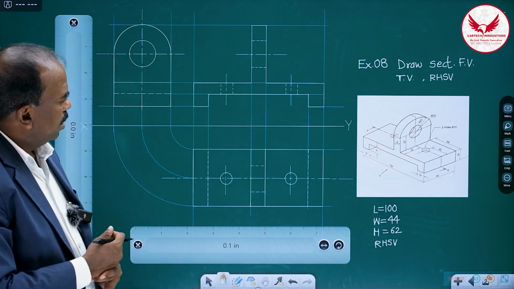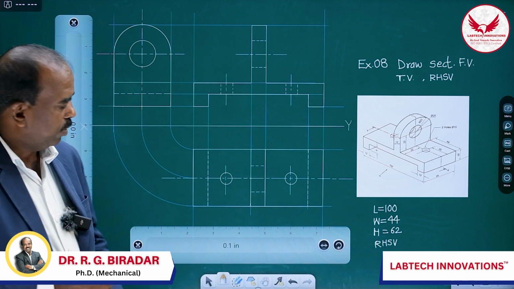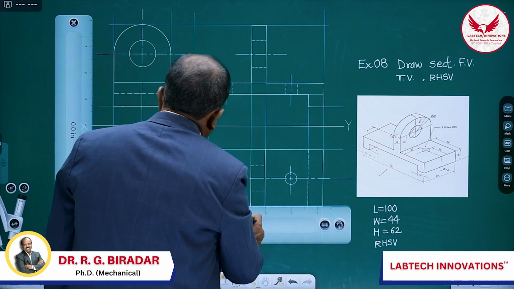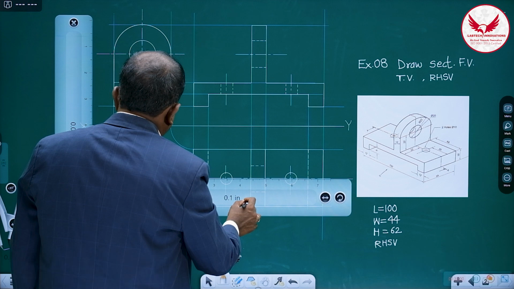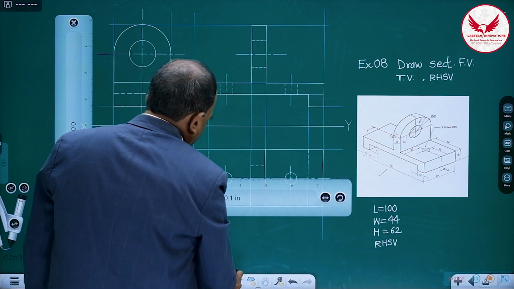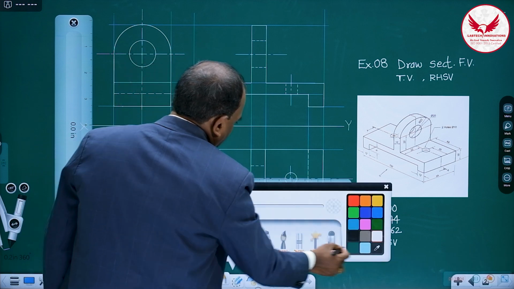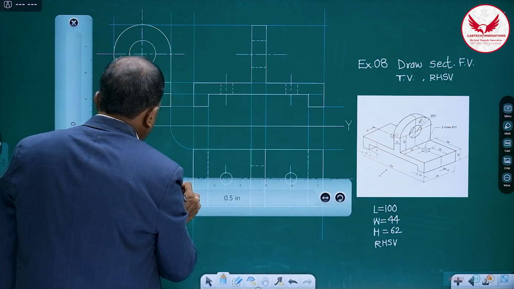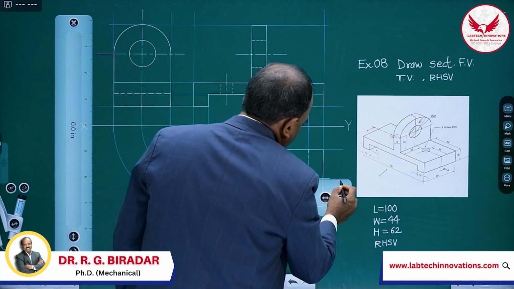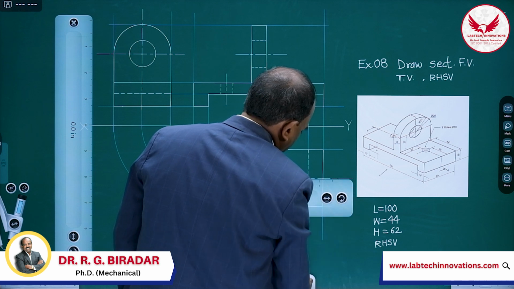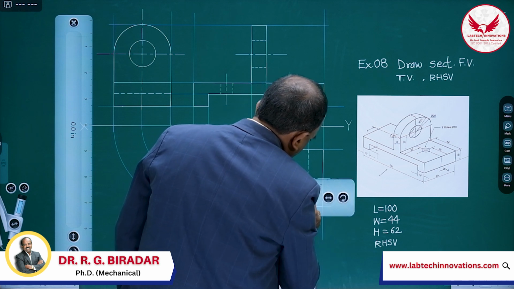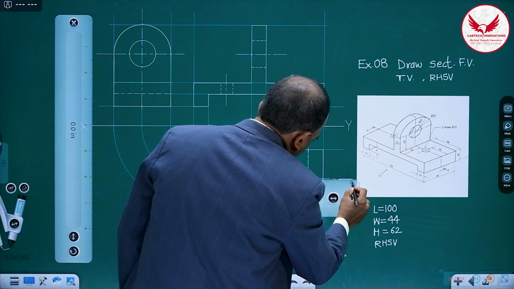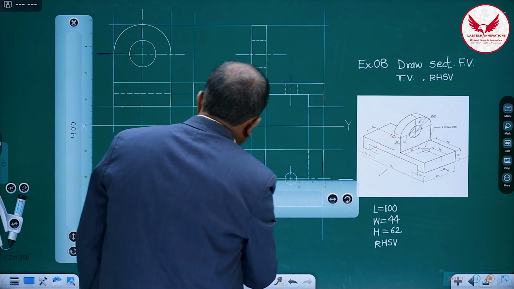Then how to make it sectional? For making it sectional, I have told already. Make the ends of the center line dark, meaning it becomes the cutting plane line. So this end you can make dark, and this portion.